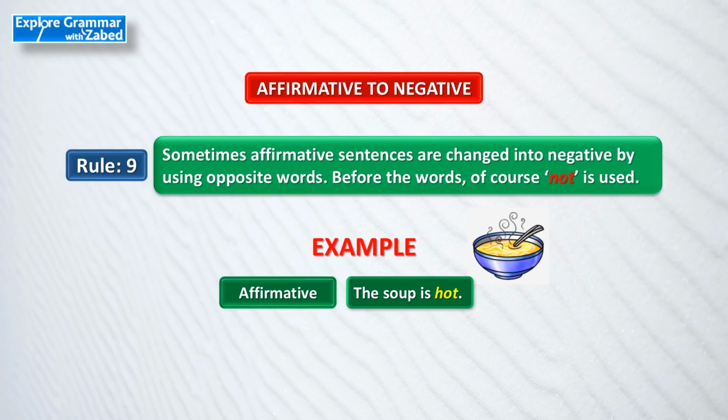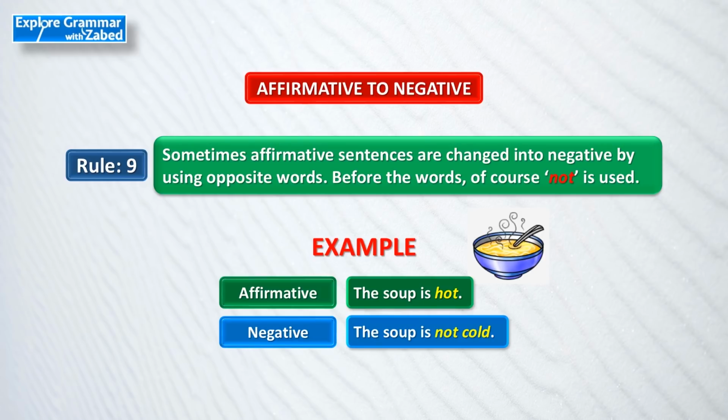Here, while converting this sentence to a negative sentence, the opposite of hot, cold, will be used in the sentence. But don't forget to use the negation word not before the opposite word. So in a negative sentence, it becomes the soup is not cold.